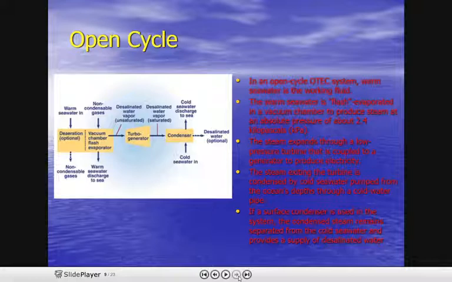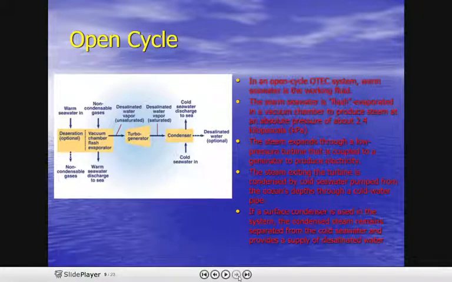The steam exiting the turbine is condensed by cold seawater pumped from the ocean depth through a cold water pipe. If a surface condenser is used in the system, the condensed steam remains separated from the cold seawater and provides a supply of desalinated water.